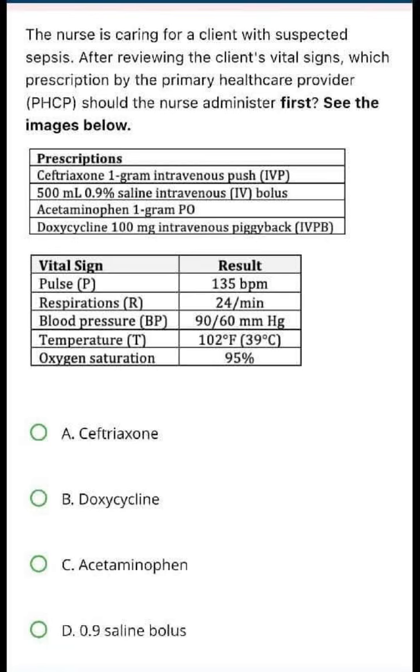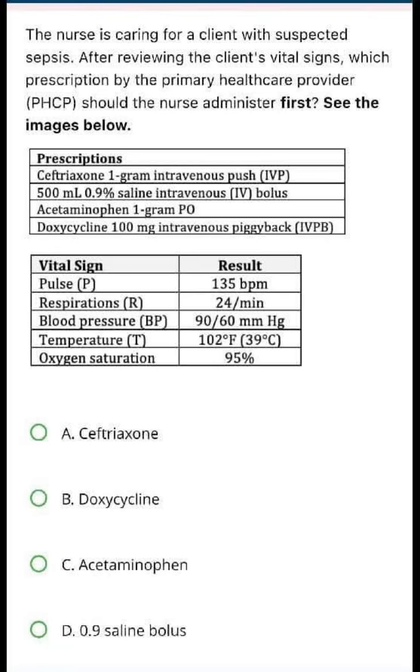The answer is yes. Because blood pressure of 90/60 shows that there is a circulation problem. Pulse rate of 135 shows that there is a circulation problem. Why? Because the blood pressure is low, the heart wants to compensate. That's the reason why pulse is increasing.